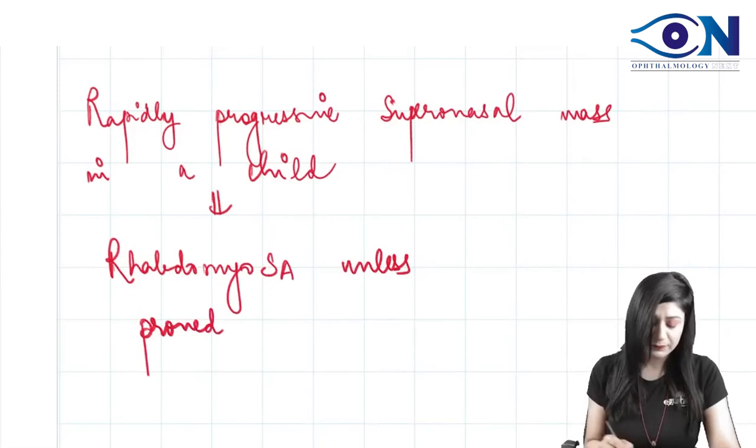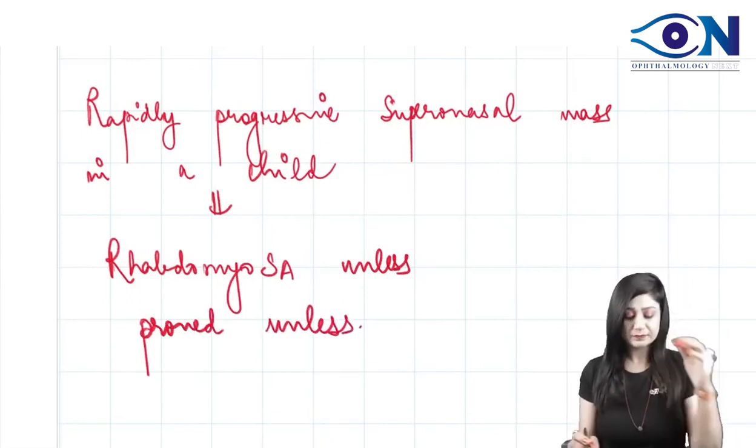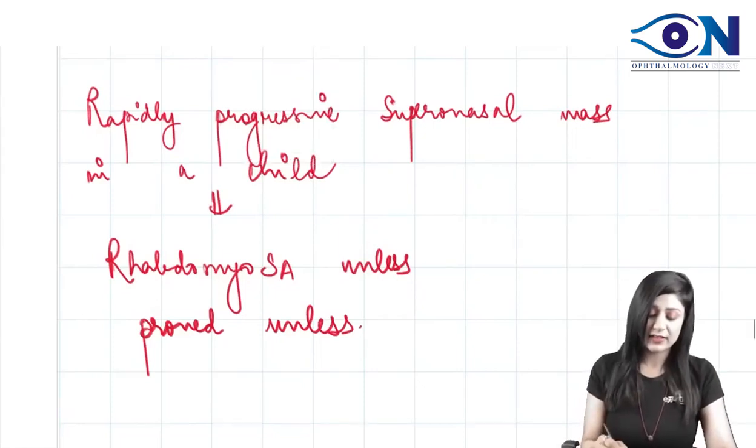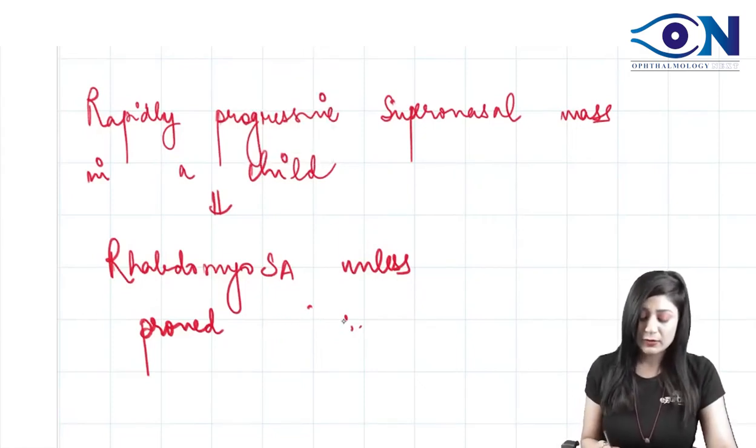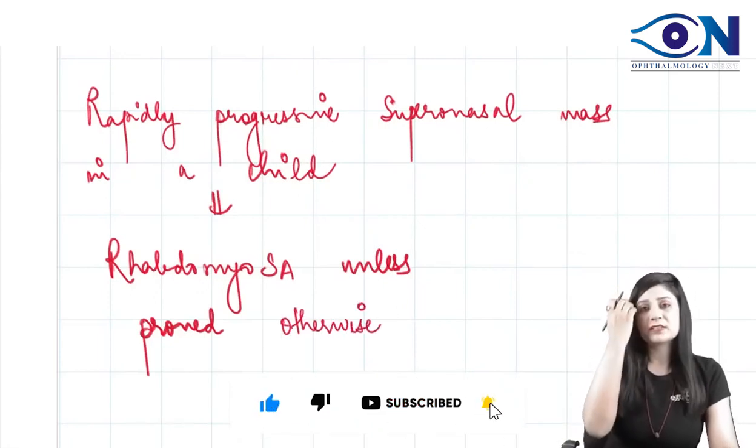A very, very important dictum. Unless proved otherwise, you have to consider it as a case of rhabdomyosarcoma only. So this will again help you in solving the question so many times.